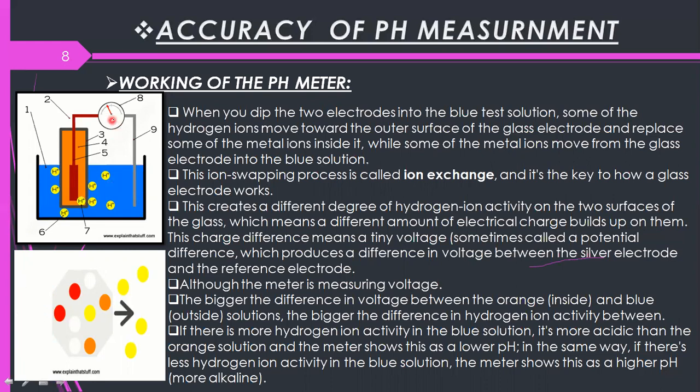If it gives a lower value, it means that the solution is acidic and it has a high concentration of hydrogen ion. But if there is a smaller number of hydrogen ions, it means that the solution is highly basic and it will give the highest value of pH. So this is how we determine the pH with the help of the pH meter.